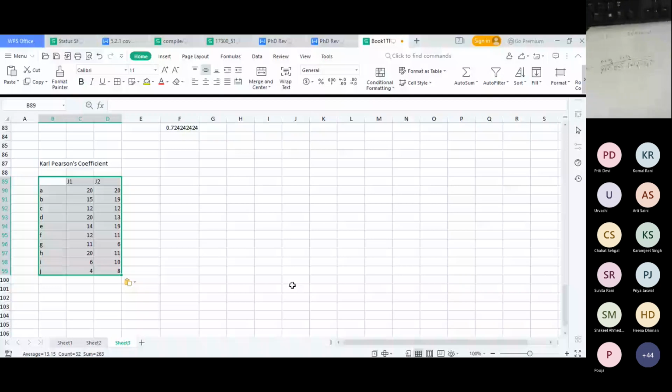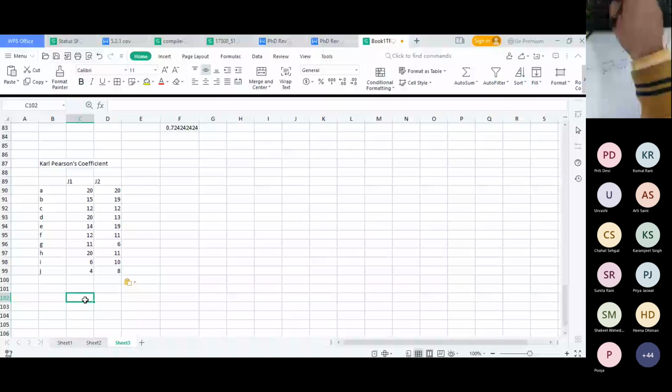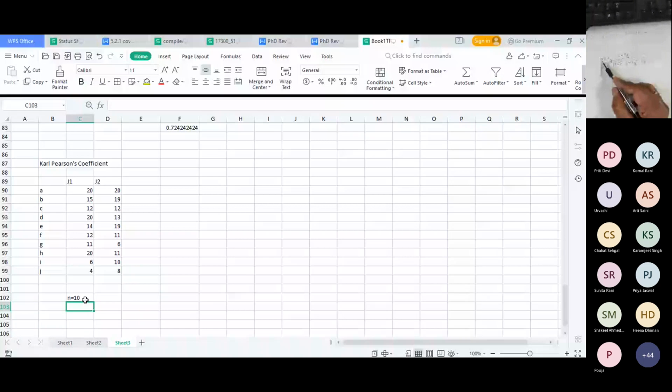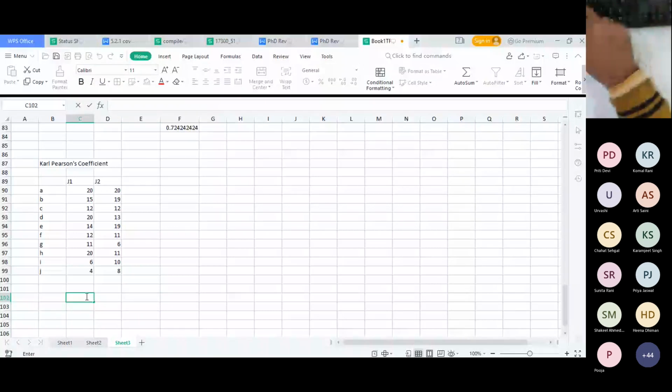If you see this particular formula, the first thing we require is n. Here n is 10.